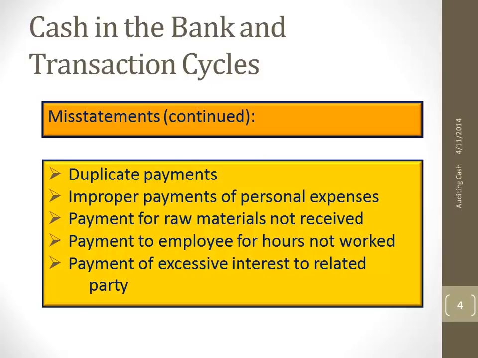Again, you would want to see, and we'll talk about this when we talk about the expenditure cycle, one common control an auditor expects to see when you walk in is that there's a match, what we call a three-way match.